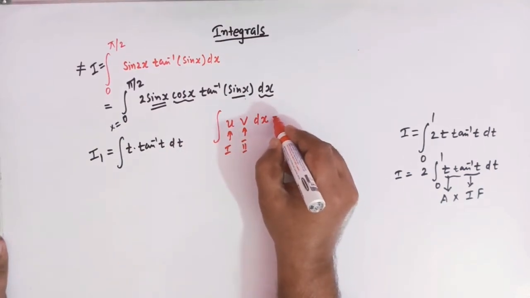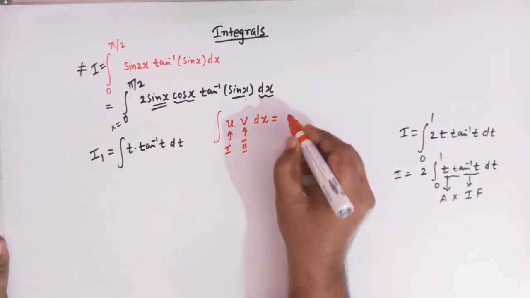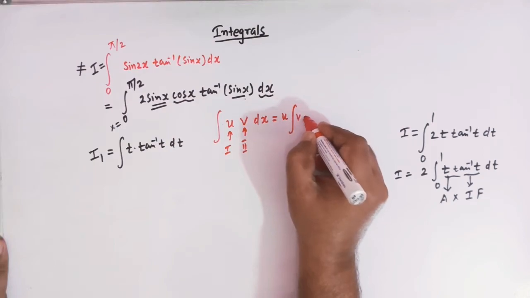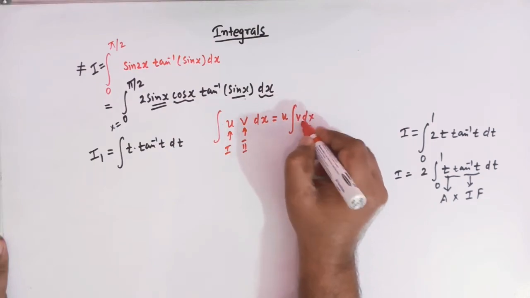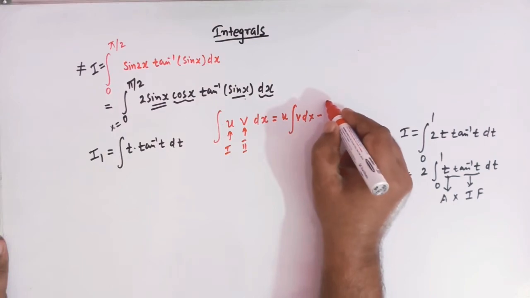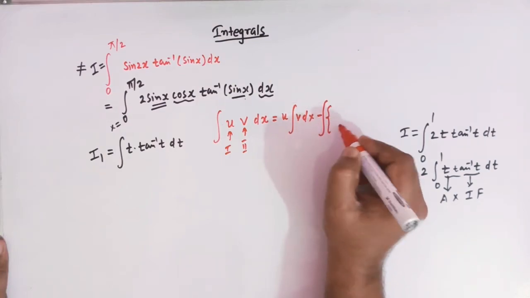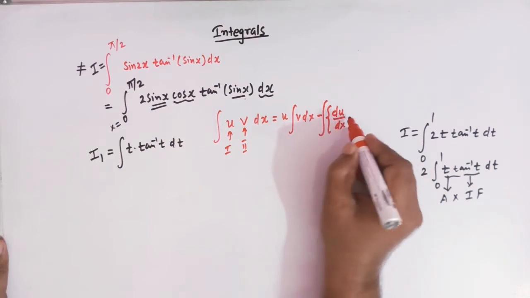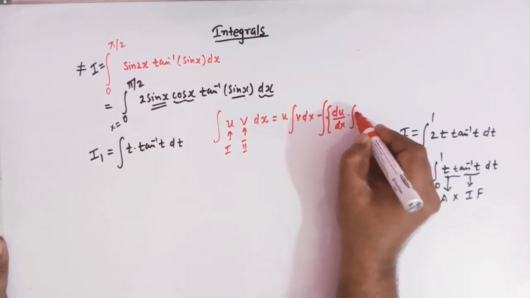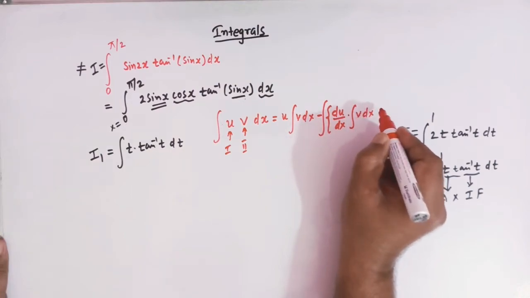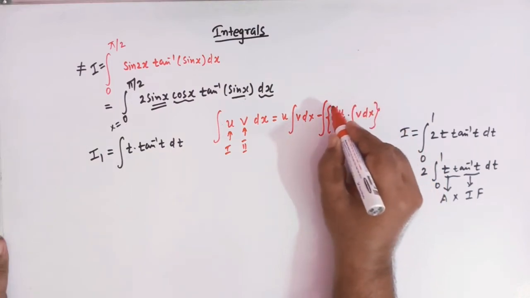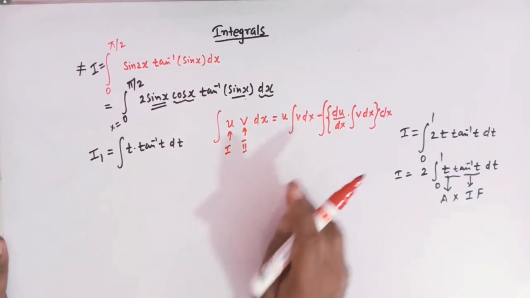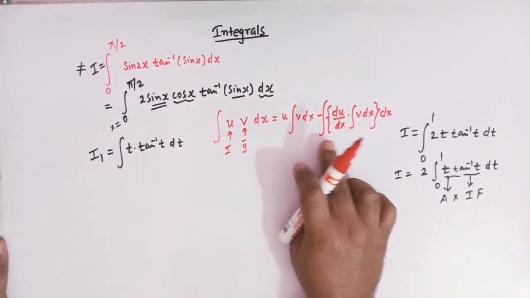Then the rule of integration by parts says that first we take u, then we multiply it by the integral of v, that is u times integral of v dx, and then here we have the integral, and then we differentiate u with respect to x, and then we find the integral of v with respect to x, and then we finally integrate this term with respect to x, right? So this is the rule for integration by parts.